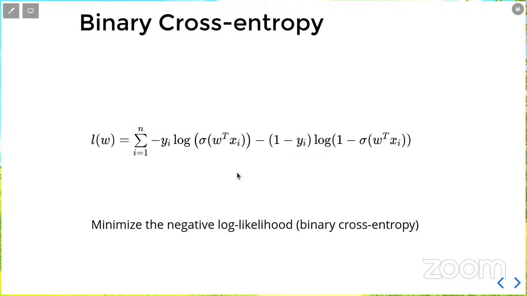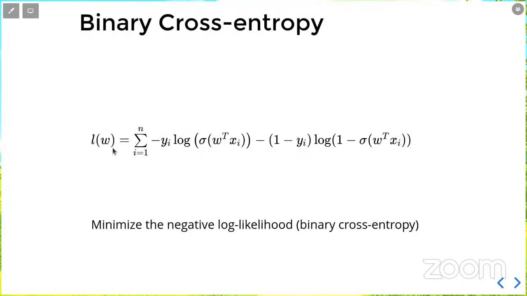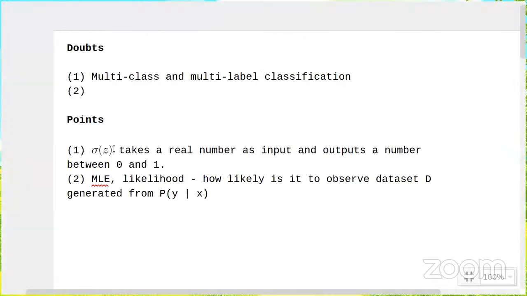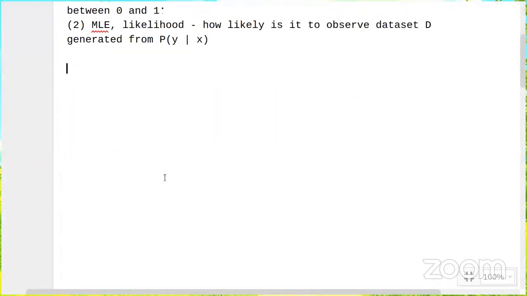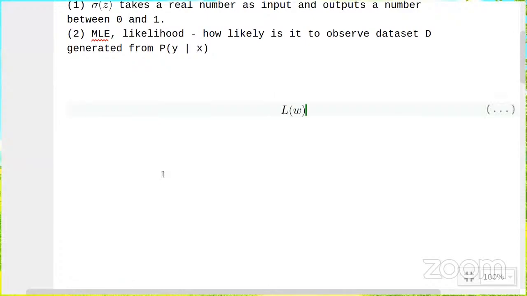That will give you L of W, small l of W. So you have the likelihood, and then you move on to the log of likelihood.